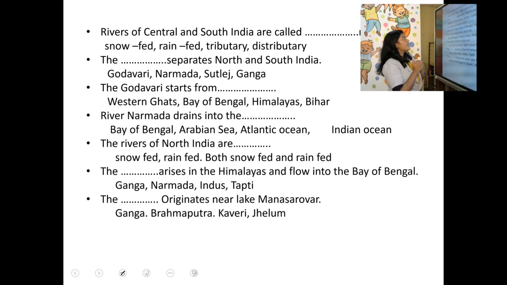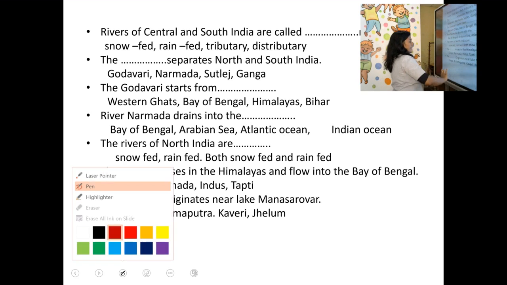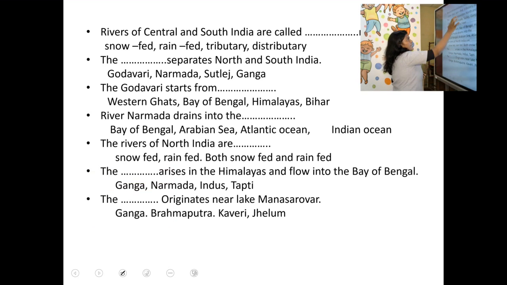The first question: rivers of Central and South India are called, isn't it snow-fed rivers? No, it is rain-fed rivers. The rivers of Central and South India are called rain-fed rivers. Second question: the dash separates North and South India.